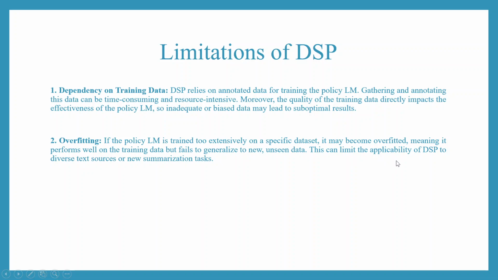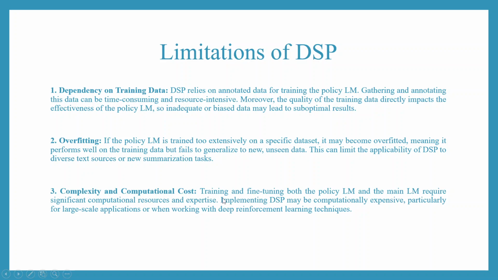This can limit the applicability of DSP to diverse text sources or new summarization tasks. Training and fine-tuning both the policy language model and the main language model requires significant computational resources and expertise. Implementing DSP may be computationally expensive, particularly for large-scale applications or when working with deep reinforcement learning techniques.